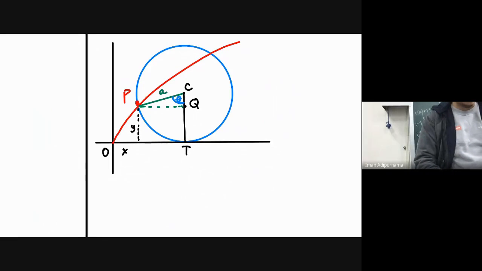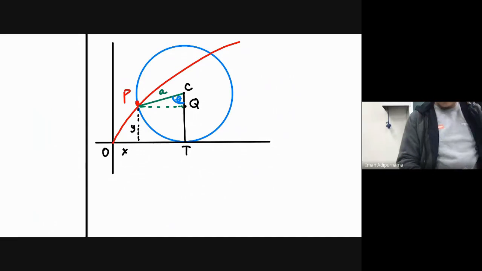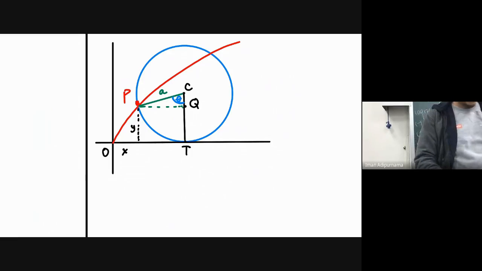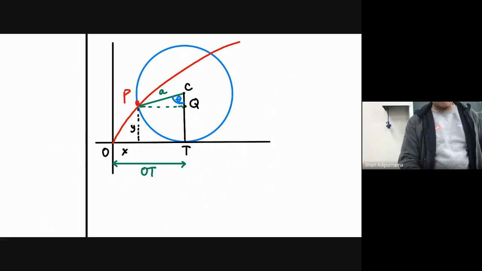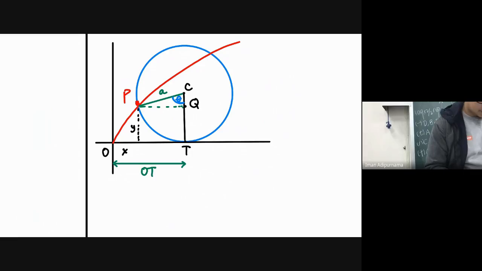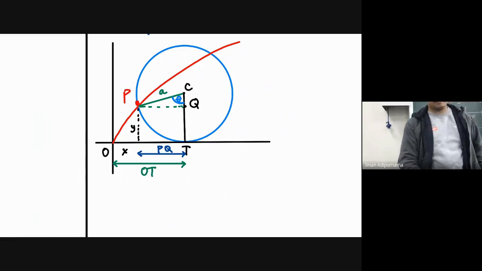let's make some equations to define the cycloid. First, we see this distance. Let me write OT. And this distance, it's PQ.